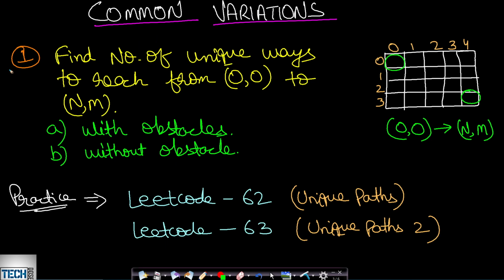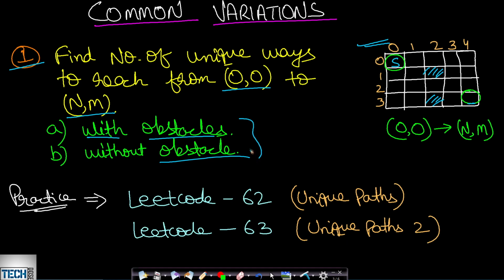The first variation is to find the number of unique ways to reach from 0, 0 to n, m. So you are given a grid and you are starting at the starting position 0, 0 and you want to reach n, m, which is 3, 4 in this case, right? There can be obstacles, like you cannot go through certain cells, or there may not be any obstacles.